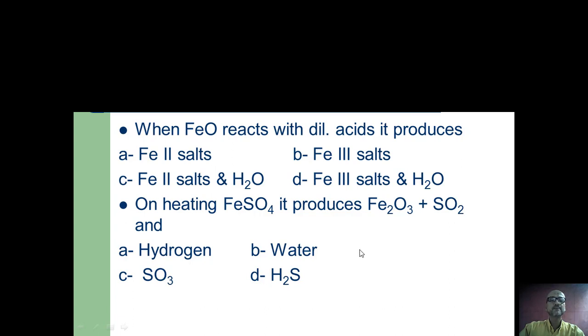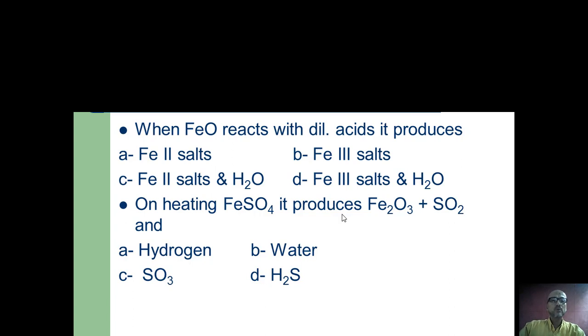The correct one is, excellent, C. Why? Oxide reacts with acid. The hydrogen from the acid will combine with the oxygen from the oxide to form water, and the acid is dilute, so it will produce iron 2 salt. So the choice is C.